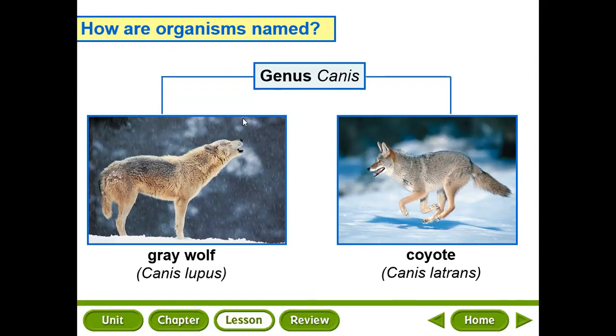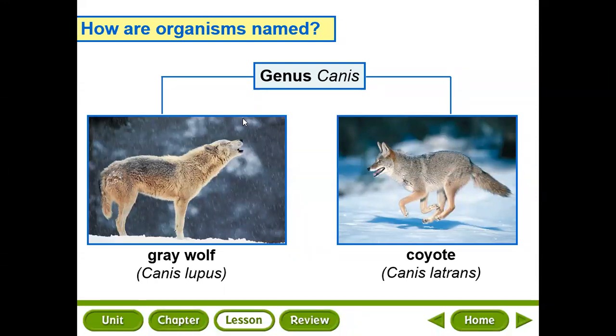In this lesson, we will discuss what the first part of the scientific name refers to. The answer is genus. And the second part of the scientific name refers to species. This means the first part refers to genus, the second part refers to species.